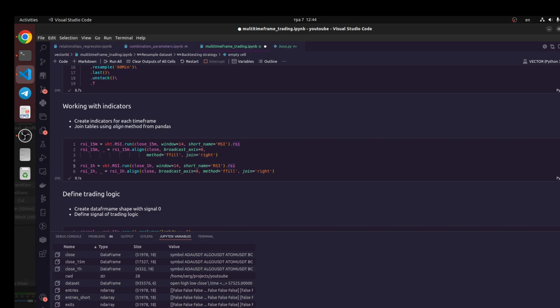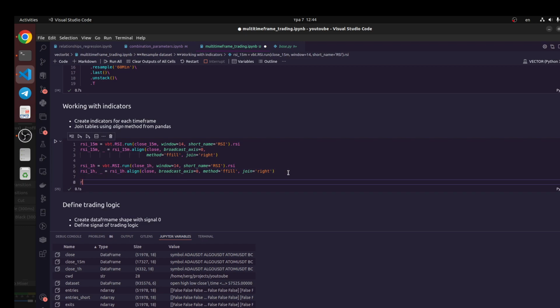Okay, and let's do some other improvement. For example, let's make this logic more complex, and for example, let's trade RSI for one day. Okay, let's do it. We need to define RSI 1D. It will be the same. Let's look at the suggestion.